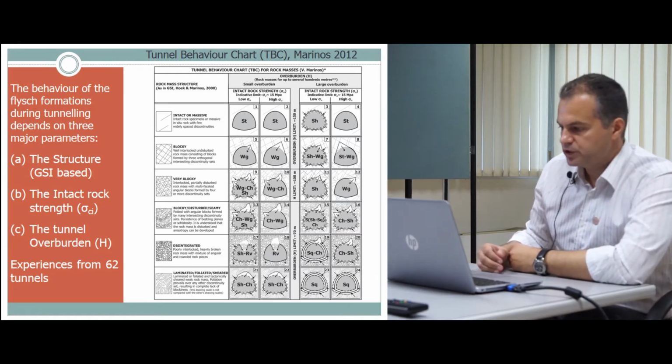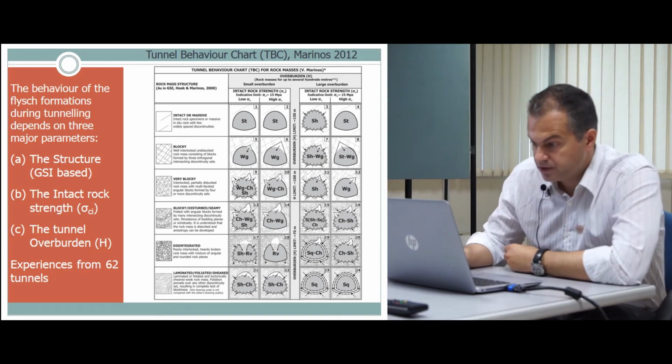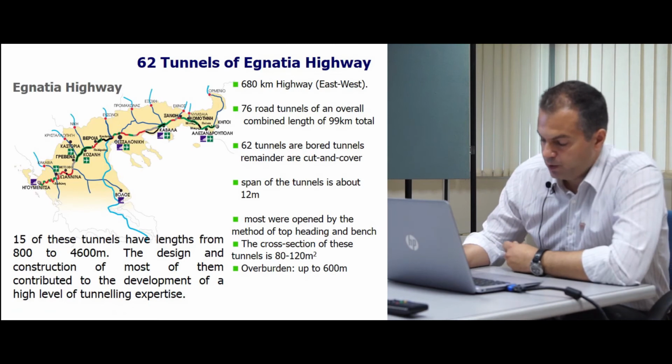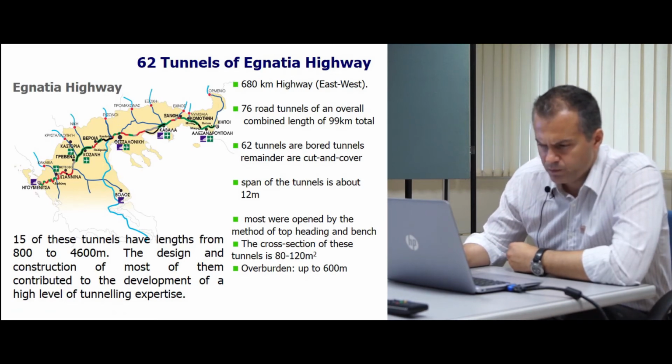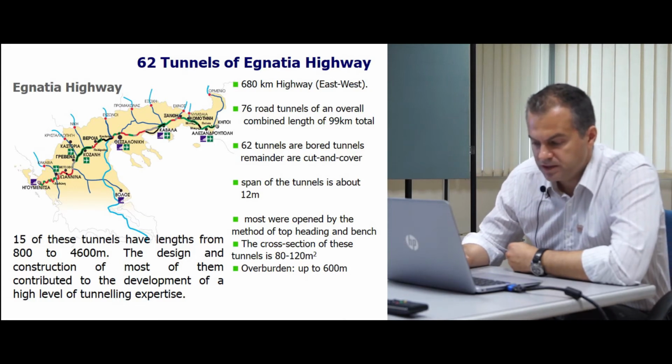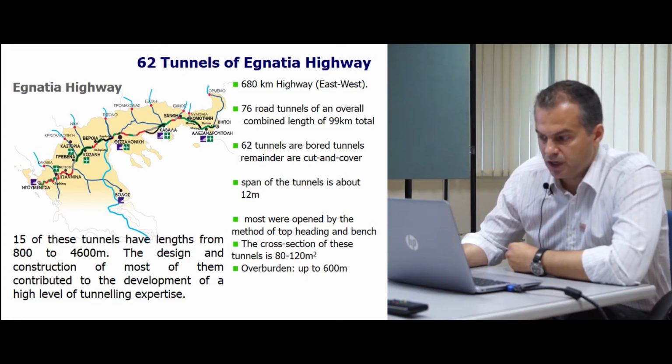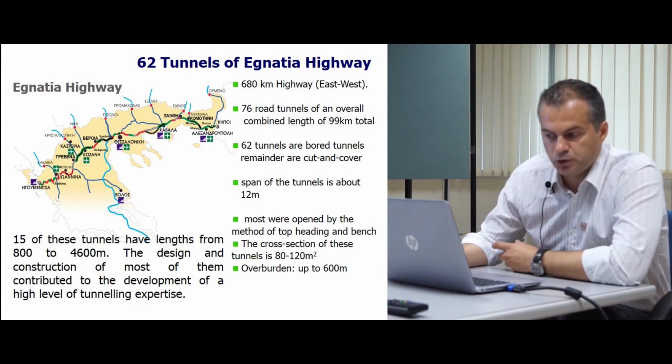So before describing this chart and giving you an example of how this works, just a quick reference of what this chart was based on. These 62 tunnels are bored tunnels, and the span of these tunnels is about 12 meters.